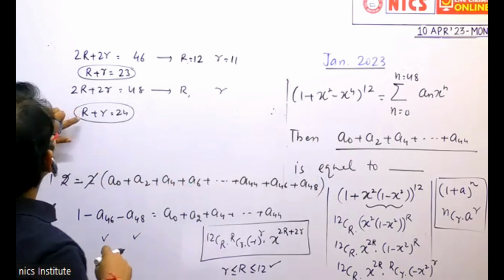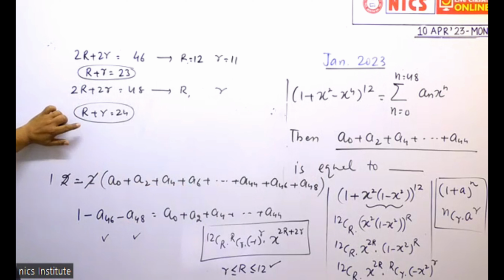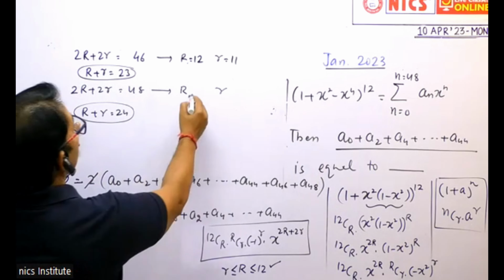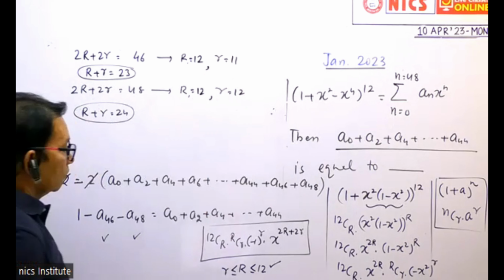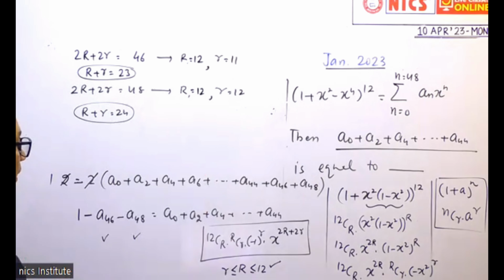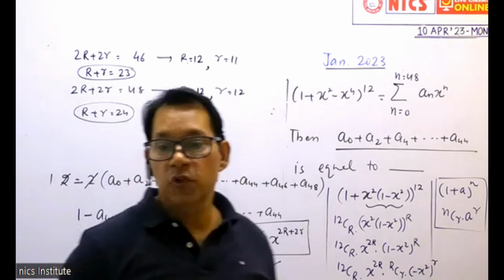What about this? Again, it should be 12 and 12. That you can substitute over here and get the answer. Do you see any other possibility?